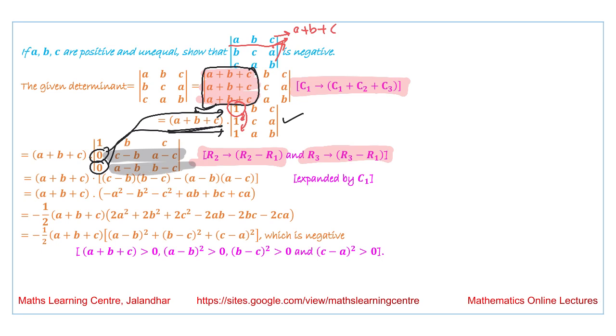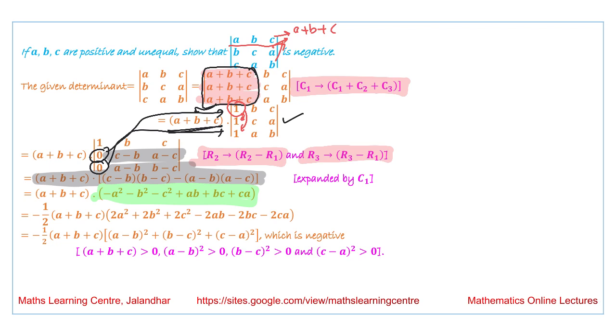Now if we open this determinant, the answer we get is a plus b plus c into c minus b, b minus c, minus a minus b into a minus c, and if we adjust these values we will get the answer in this particular form.